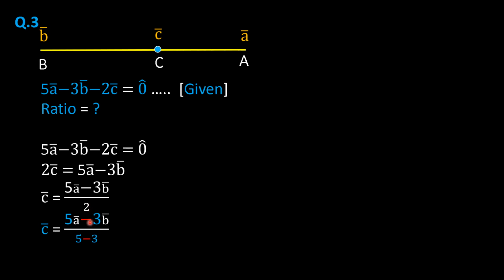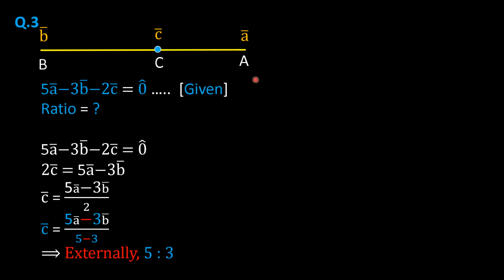Now since there are negative signs in both numerator and denominator, it suggests that point C divides segment BA externally in the ratio 5:3.